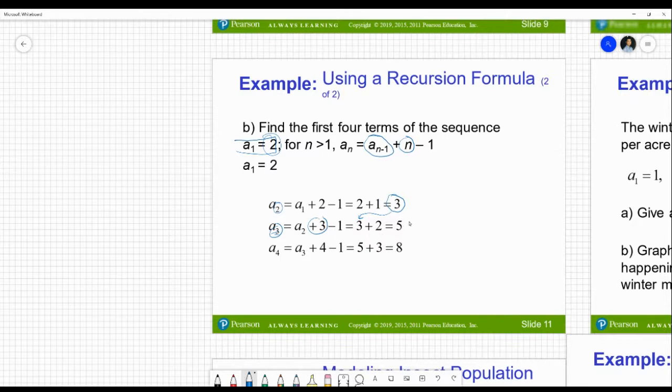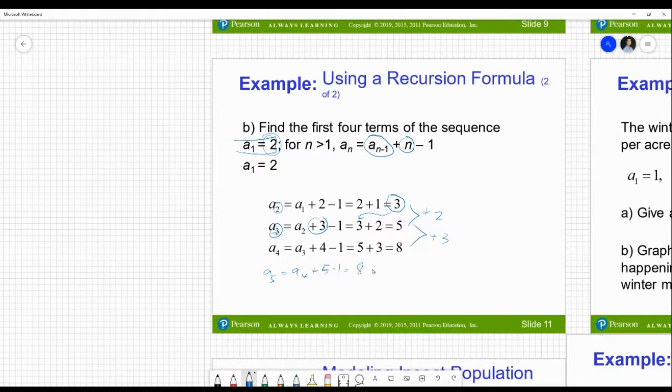So after you do a couple of them, you can see a pattern here. 3 to 5 is plus 2, 5 to 8 is plus 3. Now maybe I'm guessing the next one may be plus 4. However, with a recursion formula, you can't always be sure. But let's try and see. So let me say A5 equals A4 plus 5 minus 1.